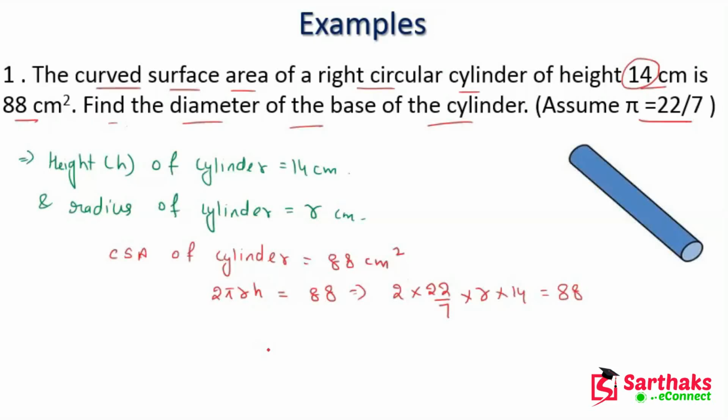From this we can find r. So r is equal to 88 into 7 divided by 2 into 22 into 14.